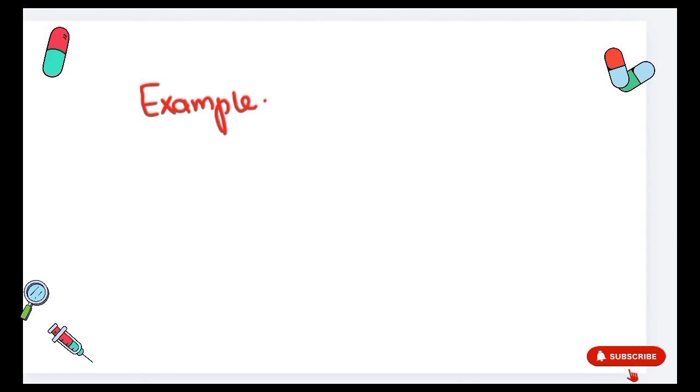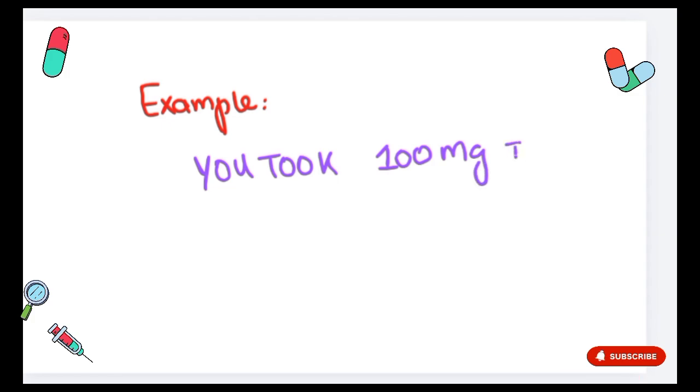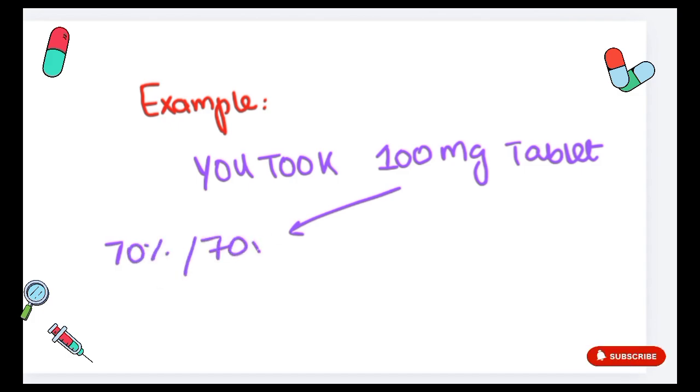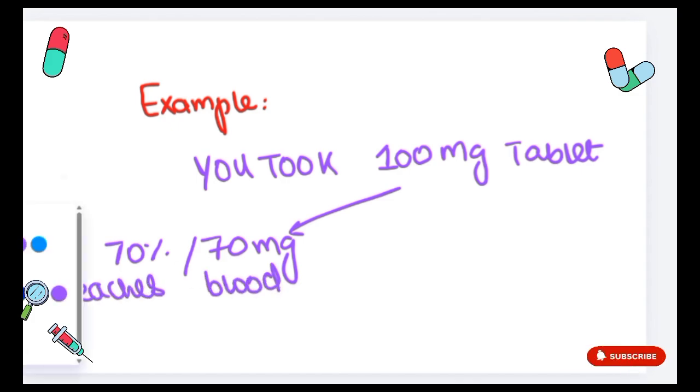Okay, so for example, you took a 100 mg tablet. Now 70 mg of the drug, or we can say 70% of the drug, reaches the target site or bloodstream in its active form.